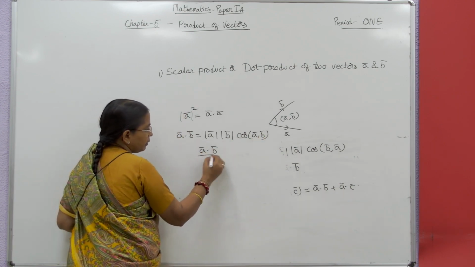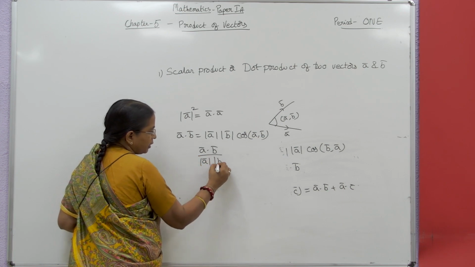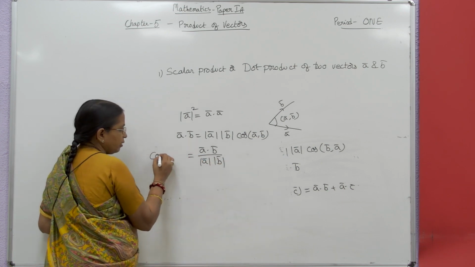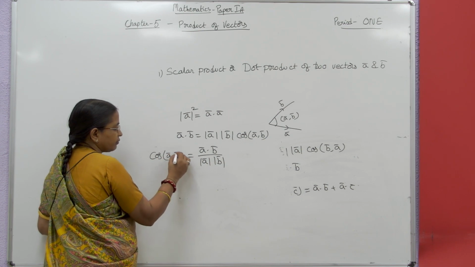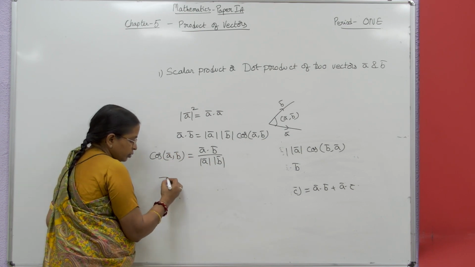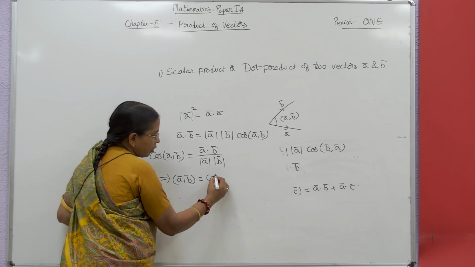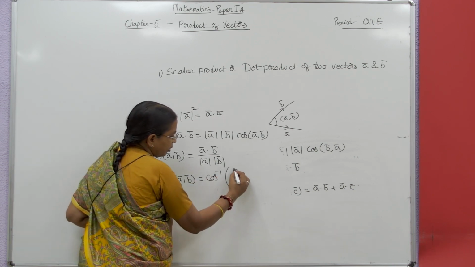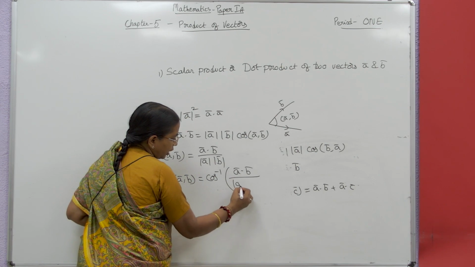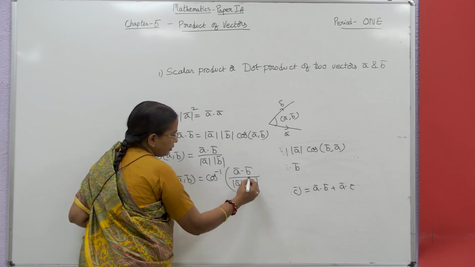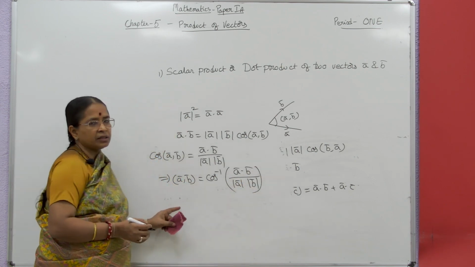So A dot B by mod A into mod B is cos of the angle between A and B. So the angle between A and B is given by the formula cos inverse of A dot B by mod A into mod B. So the angle between two vectors is given by this formula.